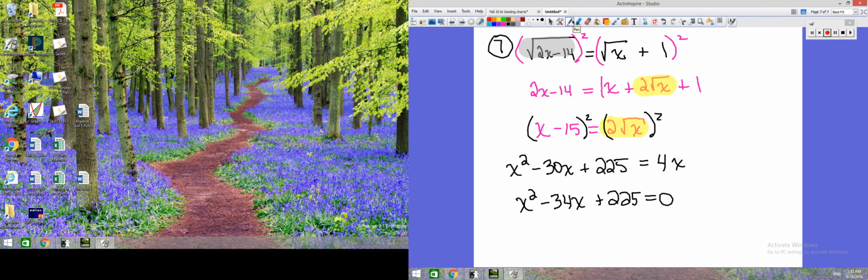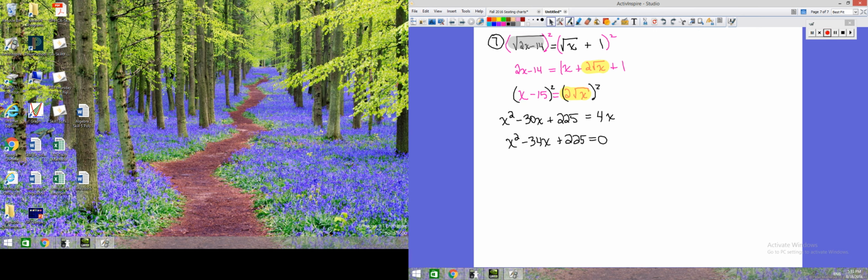So let's see if we can factor this before we jump in and try to use the quadratic formula. If we can't factor it, then we'll play with the quadratic formula. Now, what I always do, people don't believe me, I'm not very good at arithmetic. 225 we know was 15 squared. And 15 has factors of 3 and 5. So I've got 3 times 3 and 5 times 5. That 9 times 25 is 225. Now, with this last term being positive and the middle negative, I know that I'm going to be multiplying 2 negative numbers together.